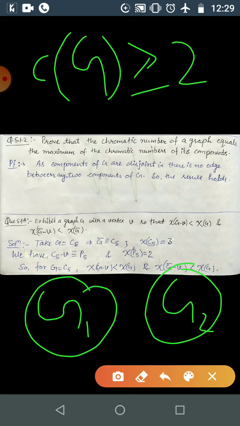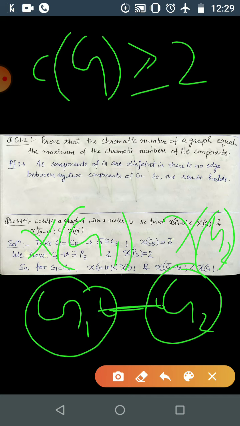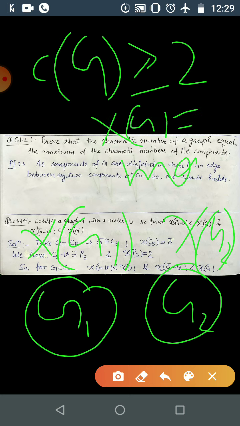The chromatic number of G1 is some value, and the chromatic number of G2 is given by another. Obviously there is no edge between these components, so the same minimum coloring will work for G. So the chromatic number of G will be the maximum of these. If you are using, for example, 4 colors here and 3 colors there, then for the total G you can use 4 colors.